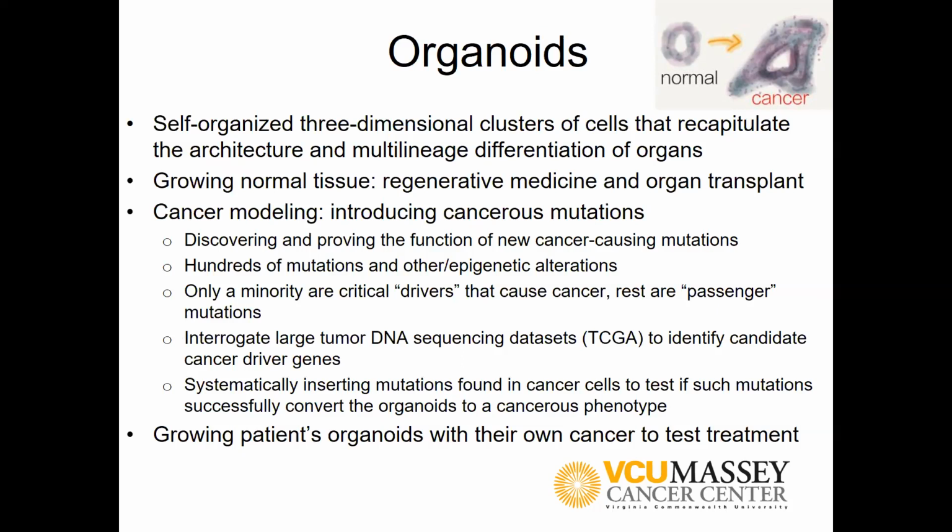There might be thousands of somatic mutations in that specific cancer cell, but not all of them are driver mutations. There are probably a couple or a handful or maybe a couple of hundred that are considered driver mutations. The rest of it is kind of just accidental passenger mutations.